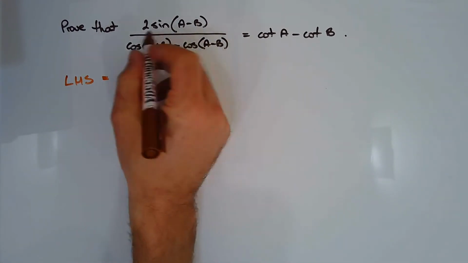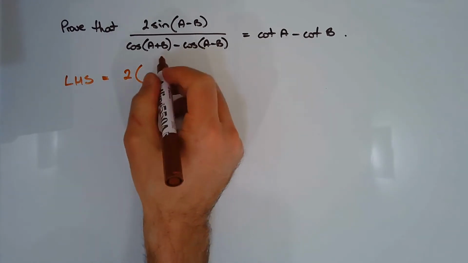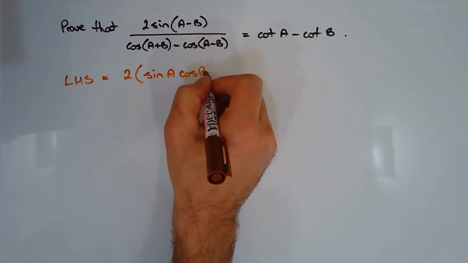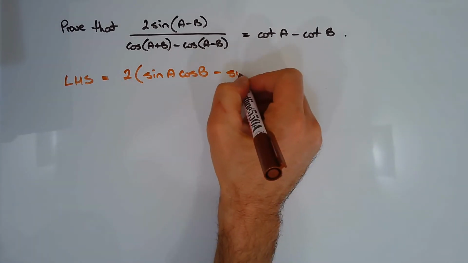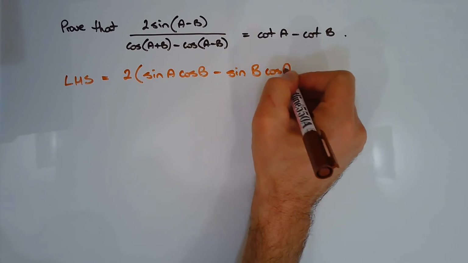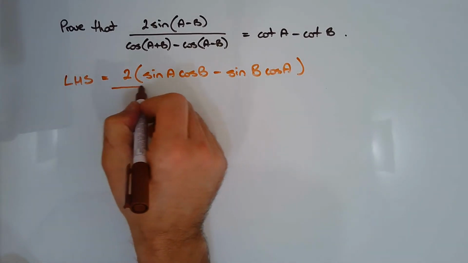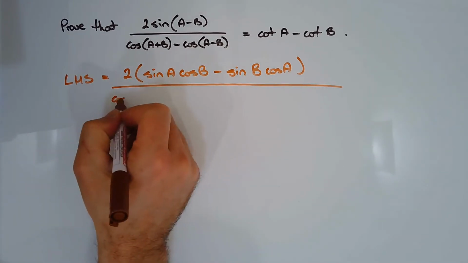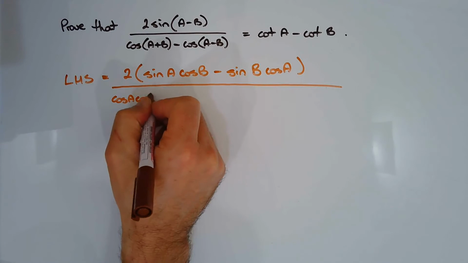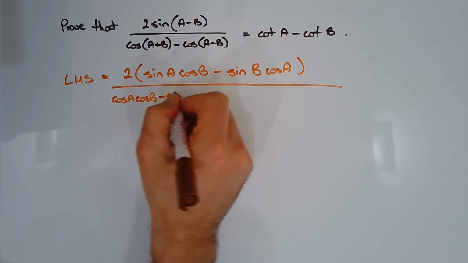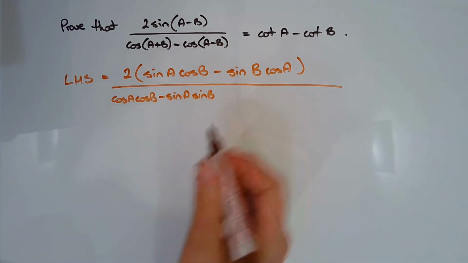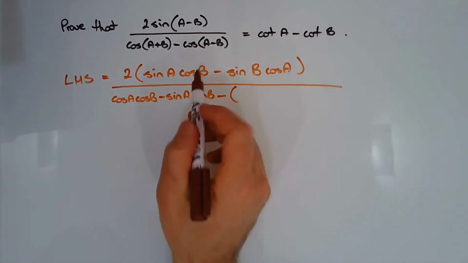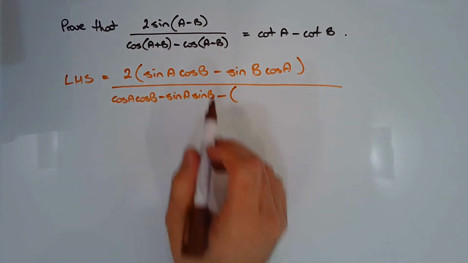So what we're going to do, let's expand the numerator. So that's 2 outside of, and it's going to be sine a cos b minus sine b cos a, all over cos of (a plus b), so cos a cos b minus sine a sine b, minus, now let's open bracket there because we're going to get a positive term appearing.